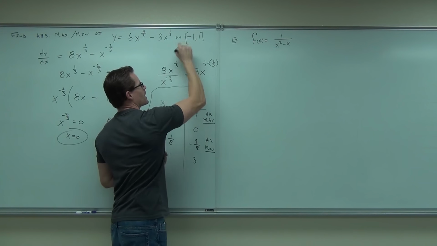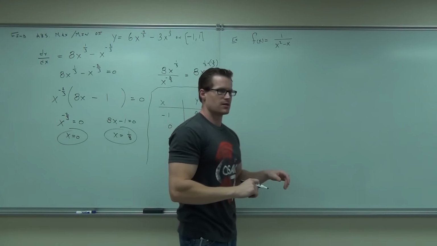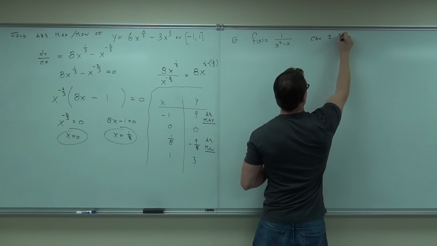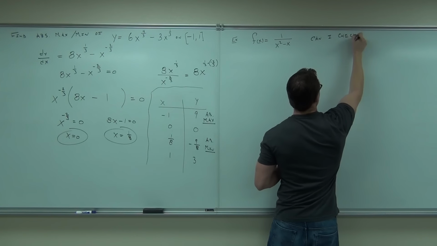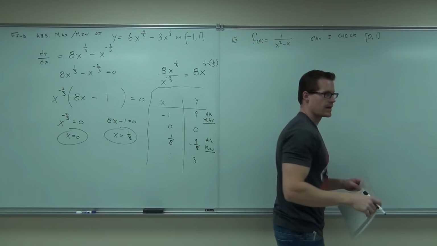I want to find the absolute max and min on that function. My question is, can I check this? Can I check it on that closed interval, 0 to 1?